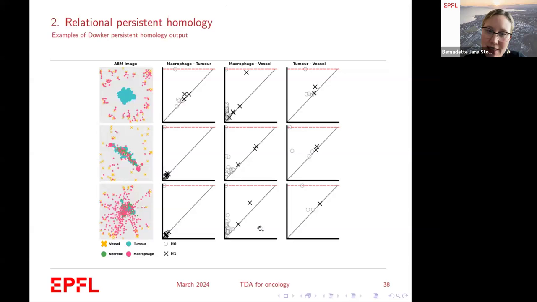We don't have this in the other 2 images. We have a maybe slightly persistent loop here, but it's not as persistent as before. And similarly, if we look at the connected components, we have one persistent connected component in the tumor cells versus blood vessels in the middle image. And this corresponds to sort of shared connected components as the tumor starts already to migrate to these blood vessels.